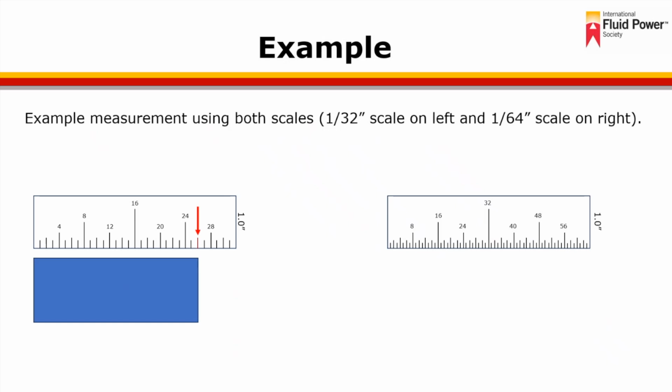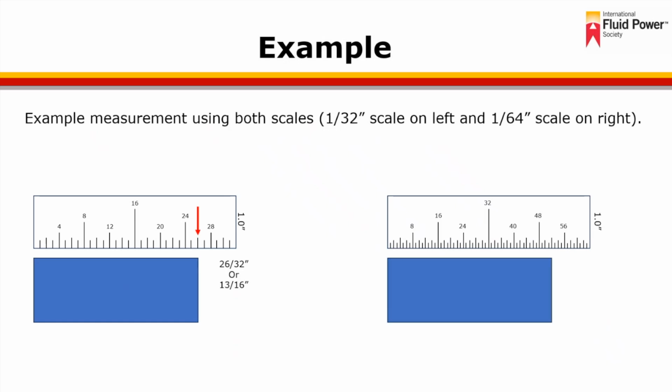In this case, we see that the line of the scale matches exactly with the edge of the item we are measuring. We are at the 26th line, which can be recorded as 26/32 or 13/16 if we are reducing the fraction.